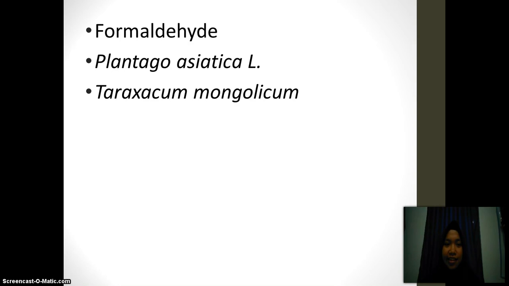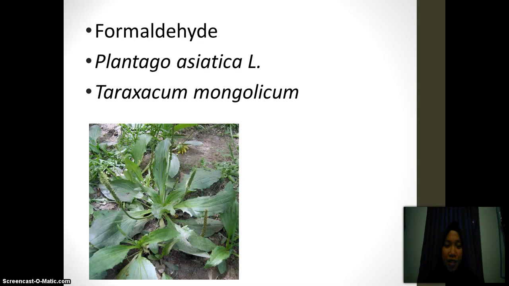Next is Plantago asiatica L. From the name asiatica, we know that this plant is native to East Asia. In Indonesia, Plantago asiatica L is called by a local name. The picture is like this.